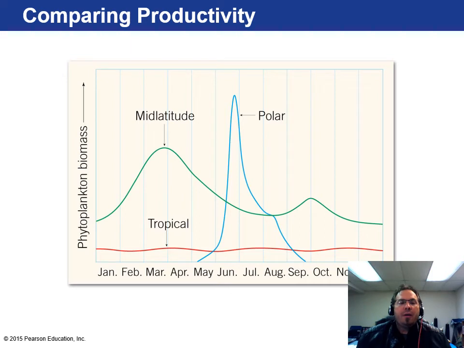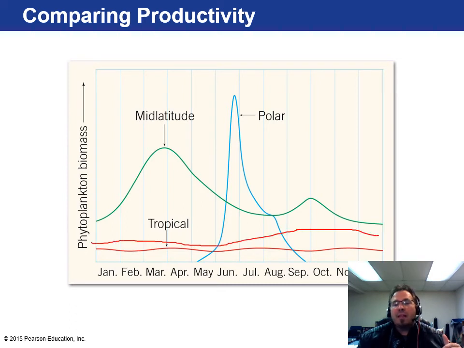So here's looking at phytoplankton, and you can see the tropical line here at the bottom, the red line, is steady pretty much, even though it's lower, it's steady all year long because in the equatorial regions, they get the same amount of light, but because the water's warm all year long, it has a low productivity.